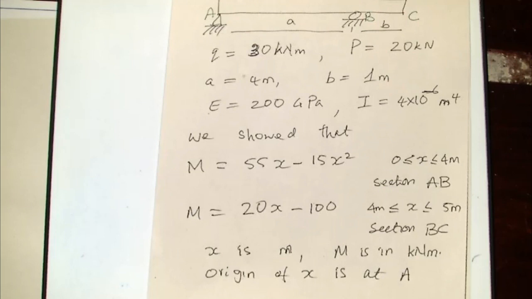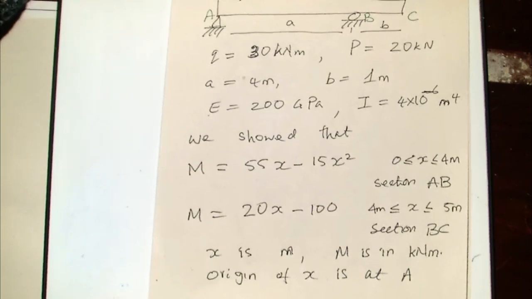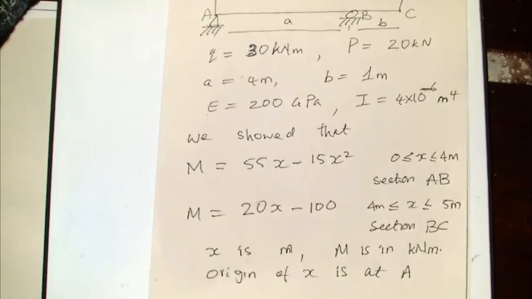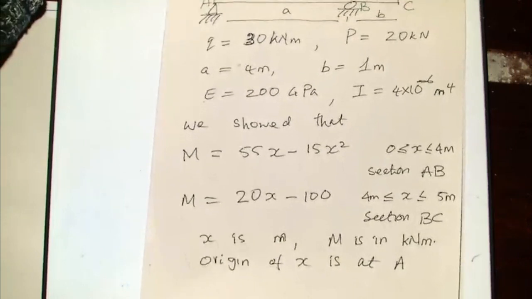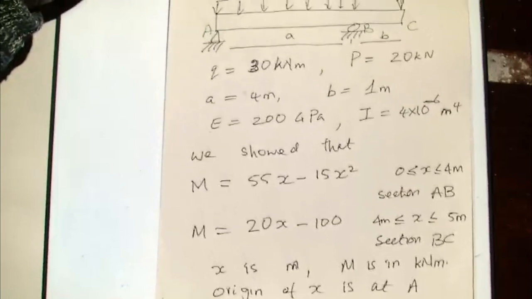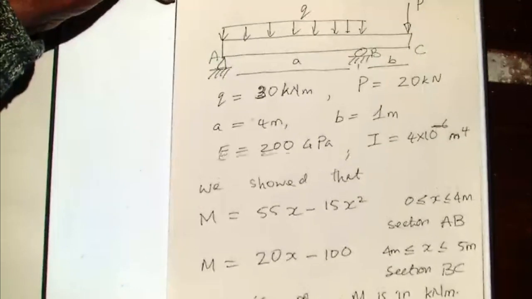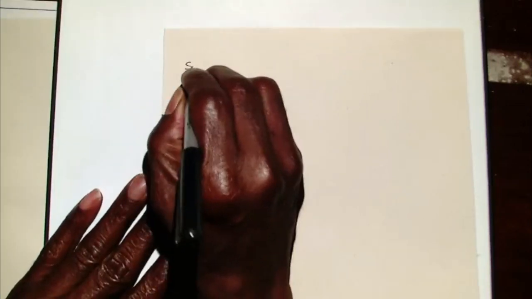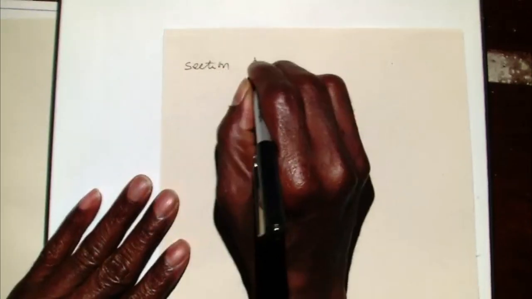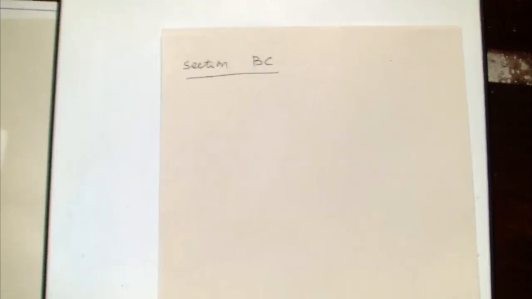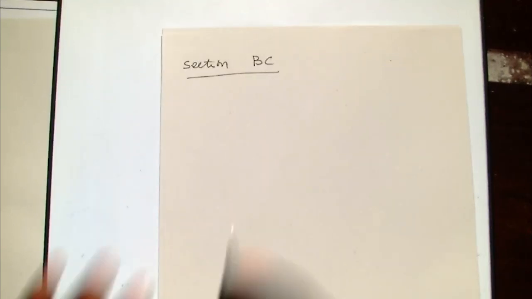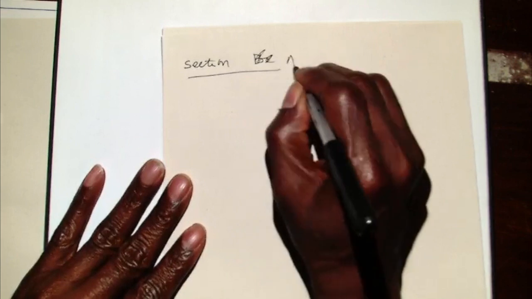Because we have two bending moment equations, we're going to do the equation twice, one for section AB and the other for section BC, and then we will state the necessary boundary conditions to find what we don't know. So let's start with section AB, that's the one on the left.